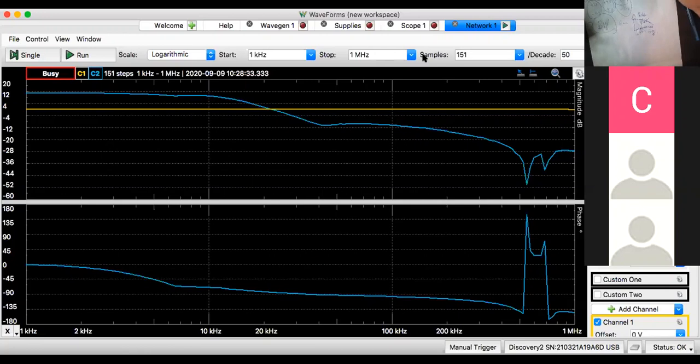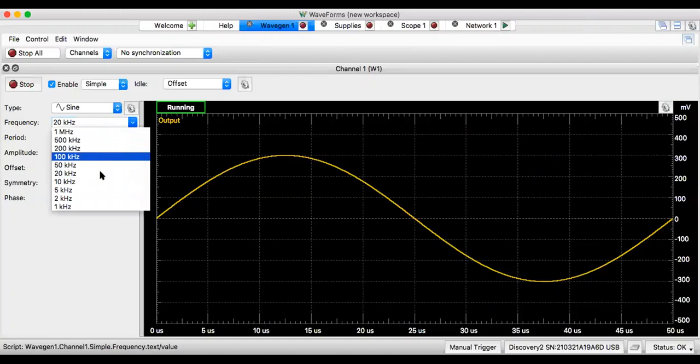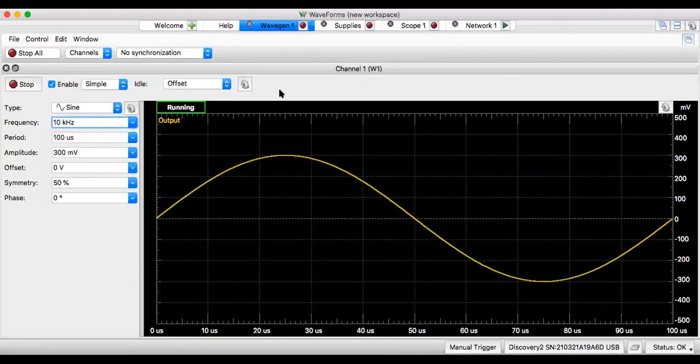So this is a Bode plotter. The horizontal axis is frequency. That's 1 megahertz, 200K, 100K, 20K. Right now the gain is 5. At 20K the gain is 5. At 10K, the gain is about 10. So let's look at 10K and let's look at my outputs.